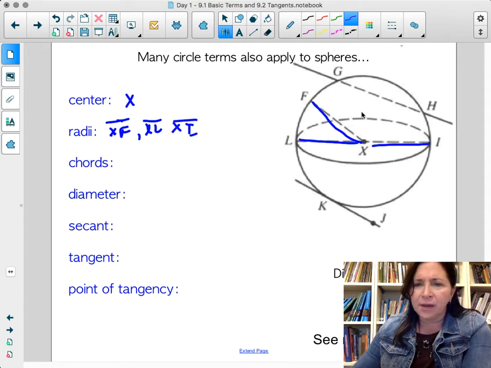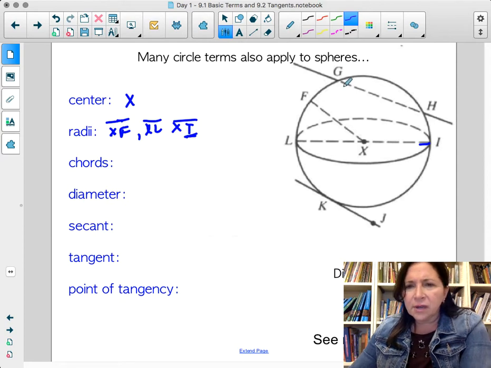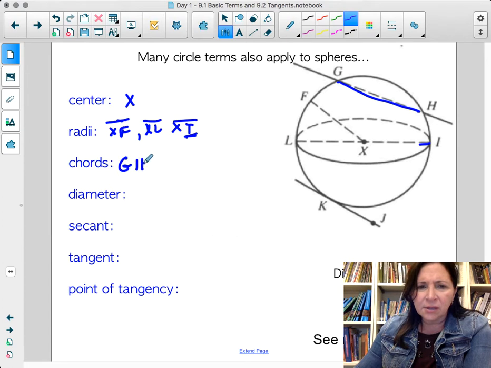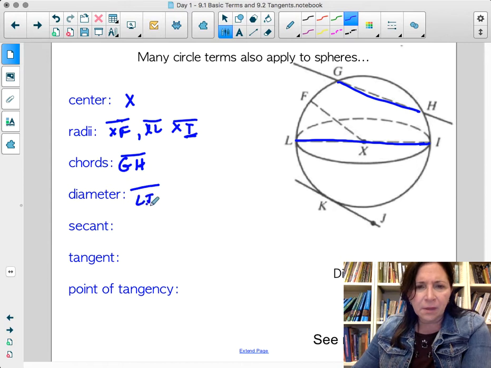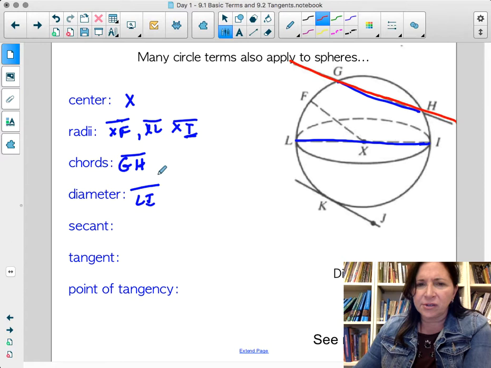So those are all radii. Chords, we have a chord that's GH. Diameter would be LI. And a secant, remember that's a piercing, so that does not pierce. This one, nope, here it is right here. So there's our piercing, so that's our secant.